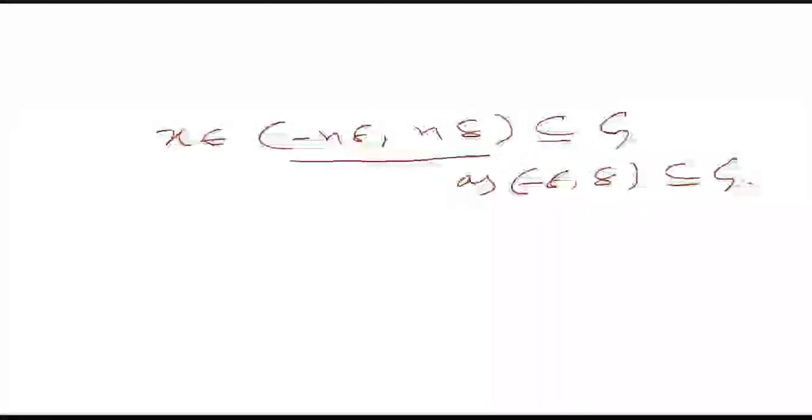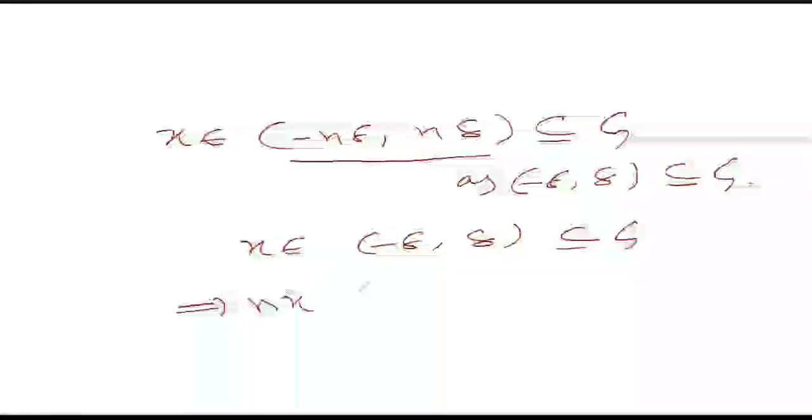Whenever (minus delta, plus delta) is a subset of G, then if you choose any element x in (minus delta, plus delta), which is a subset of G, then 2x also belongs to G, 3x also belongs to G. This implies nx belongs to G. So x is in this interval, but where is nx?